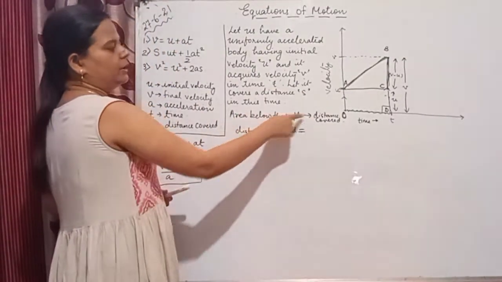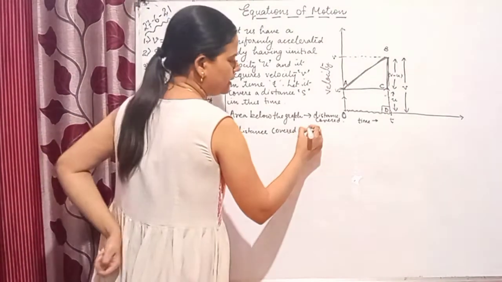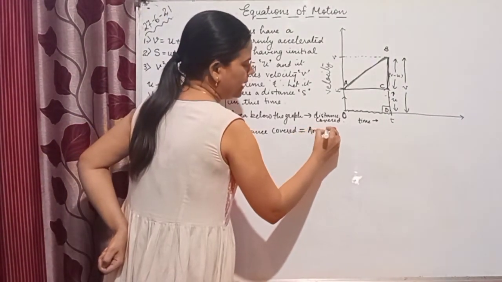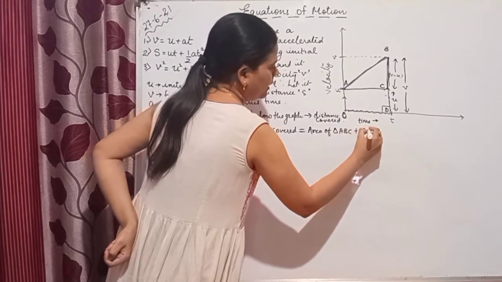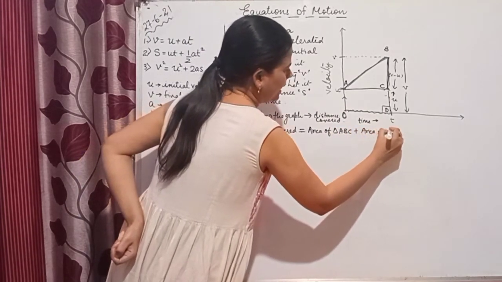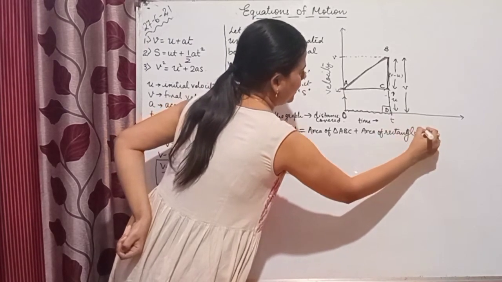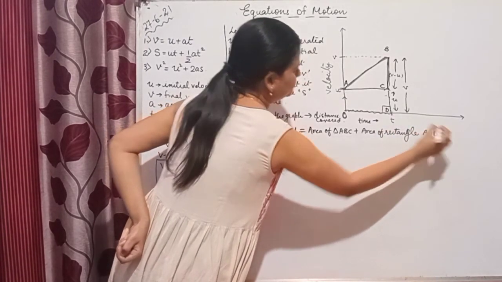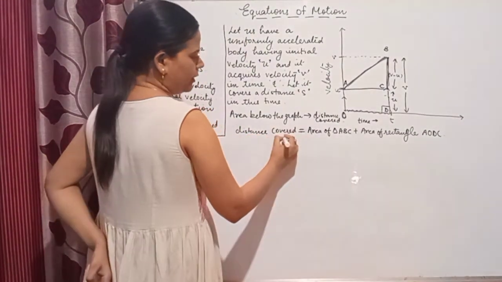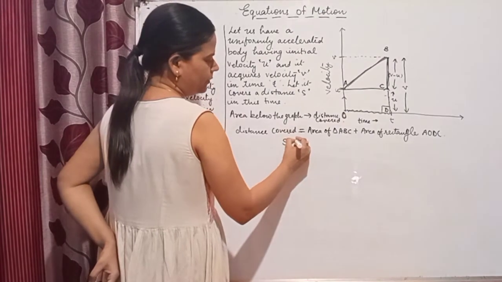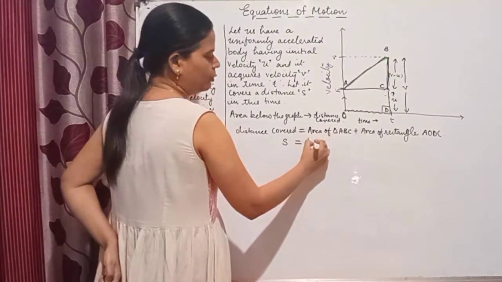The area below the graph represents distance covered. Distance covered can be written as area of triangle ABC plus area of rectangle AODC. Now let us place the values. Distance covered will be represented by S. Area of triangle ABC is 1 by 2 into base into height.